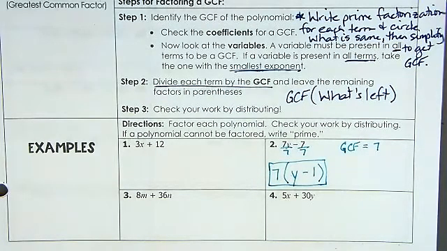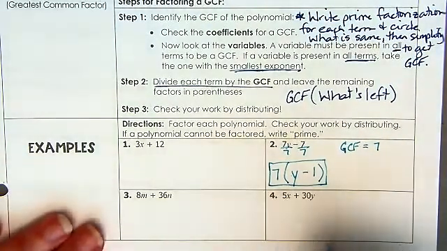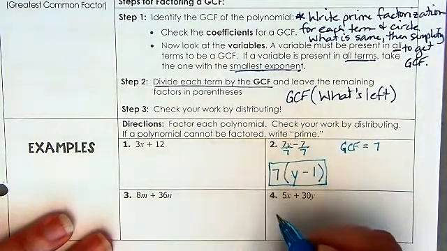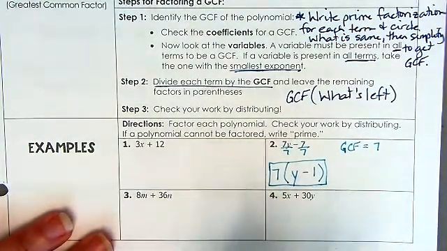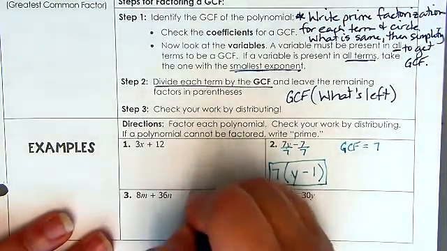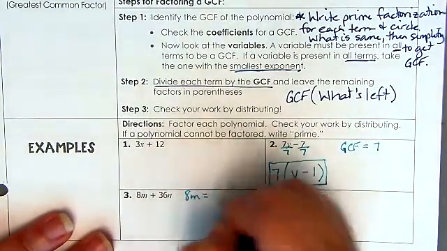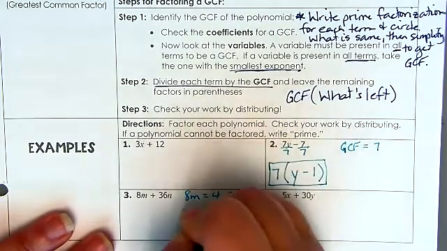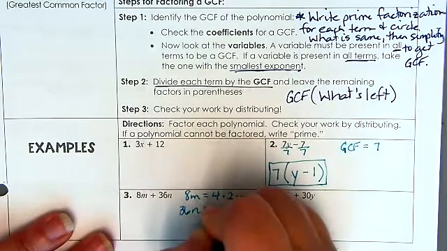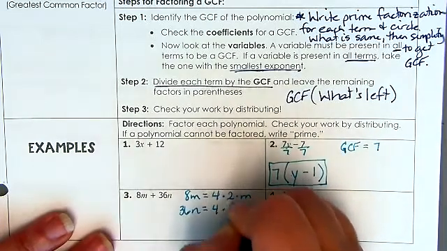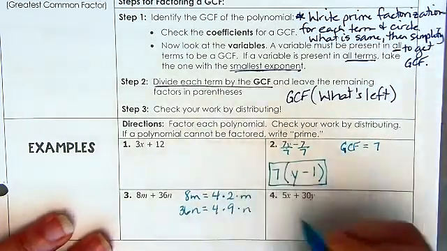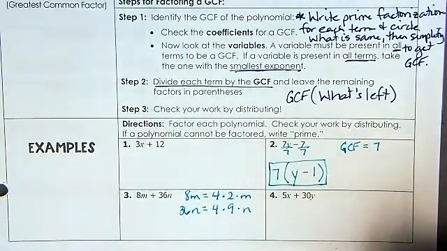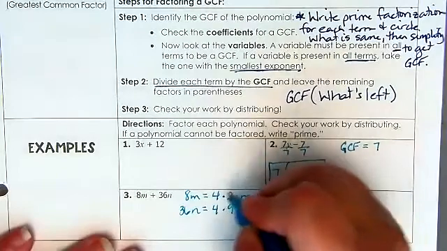All right, looking at number 3. I'm not going to necessarily write the prime factorization for this, but I'm going to think about what's a common factor. So if I have 8m, that's a 4 times 2 times m. If I think about 36n, well, that's 4 times 9 times n. And if you don't see that, you can always go all the way down to the prime factorization if you don't see what the GCF is right away.